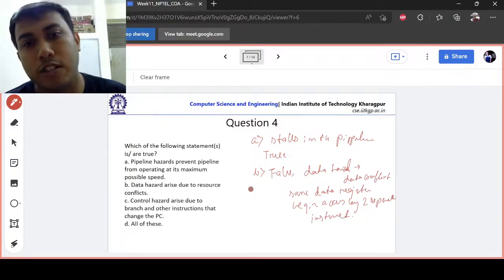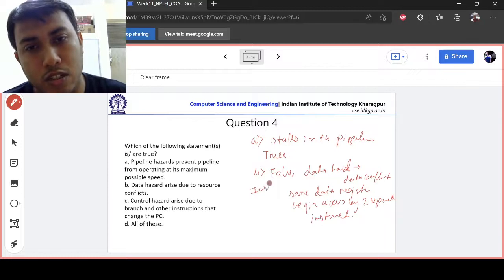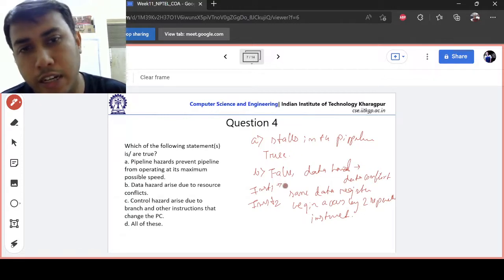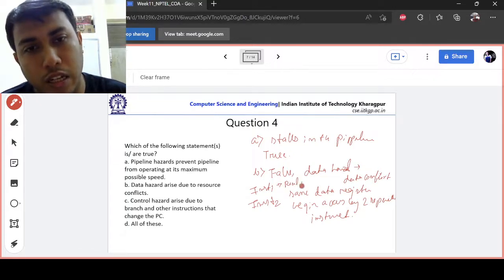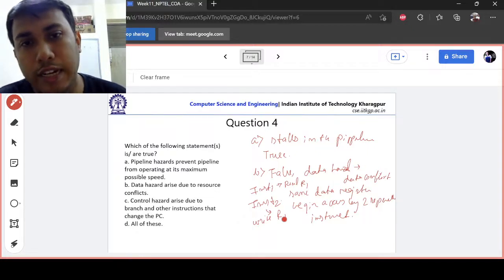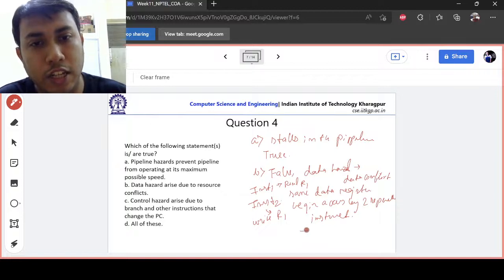Suppose there are two instructions, inst1 and inst2, and both require access to register R1: one is reading R1, and another writes R1. So this creates a hazard, and due to this a data hazard occurs. Due to resource conflict, a data hazard does not occur. Due to resource conflict, a structural hazard occurs.